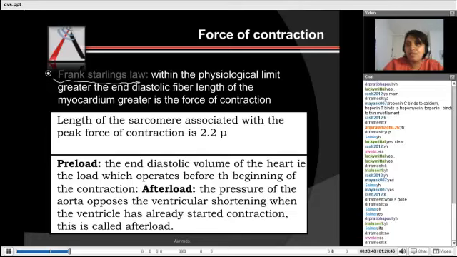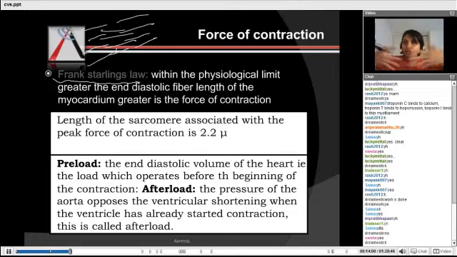Why does that happen? You very well know, we had been talking about these actin and myosin filaments overlapping each other. And what is contraction? Contraction is nothing but sliding over of these actin and myosin over each other. So if before the contraction we are somehow able to pull those actin and myosin far away, when they contract, they will have more room to contract. Understanding the point?